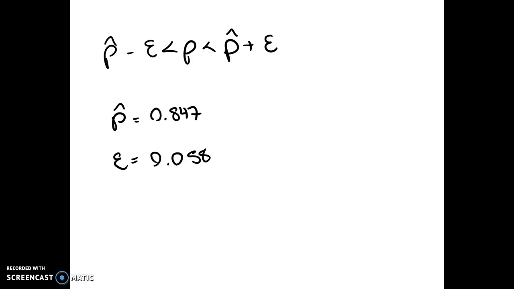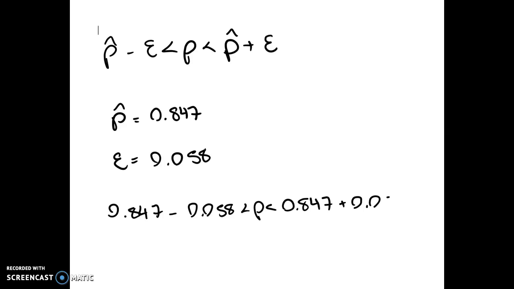So I'm just going to plug that into my formula. So 0.847 minus 0.058 less than p less than 0.847 plus 0.058.